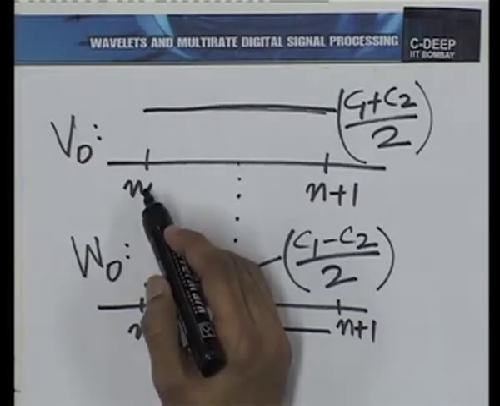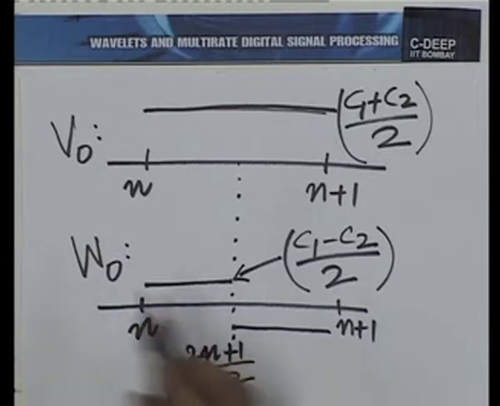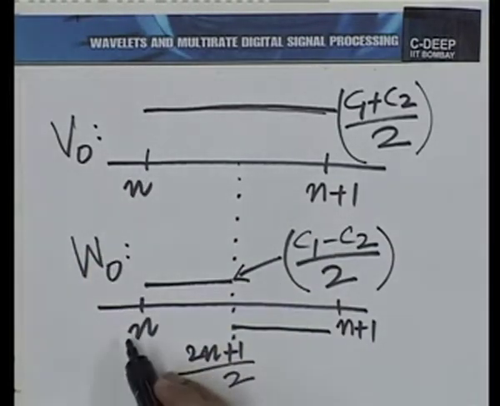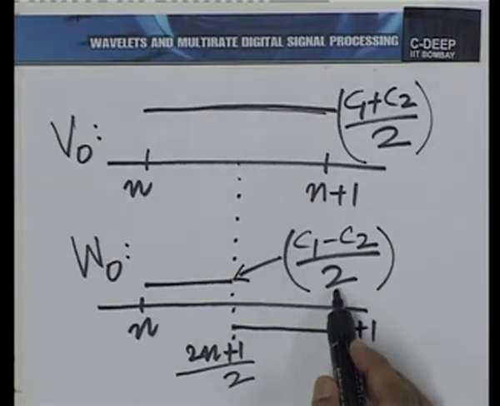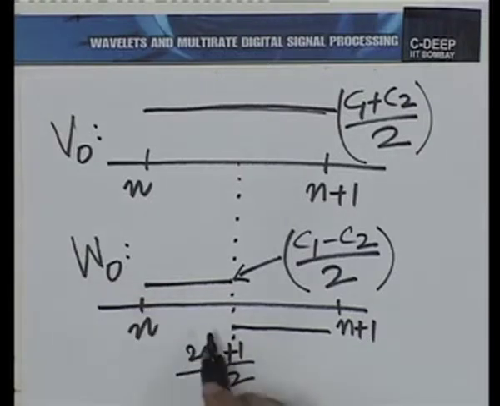So, you have the value C1 plus C2 by 2 for the sequence corresponding to this function at the point n, not 2n. And you have the value C1 minus C2 by 2 corresponding to the function in W0, but at the point n, not 2n.